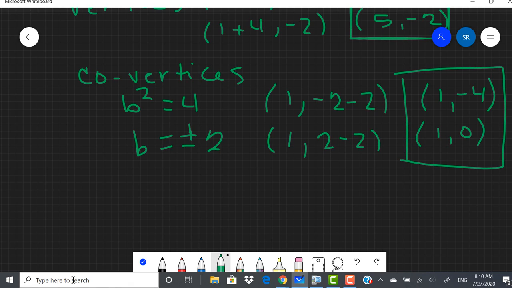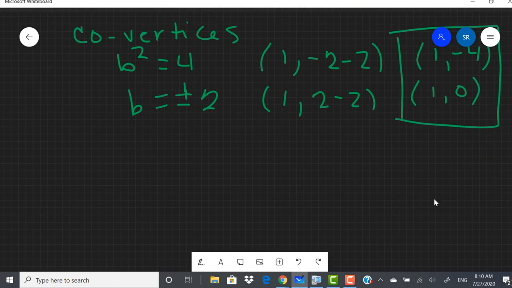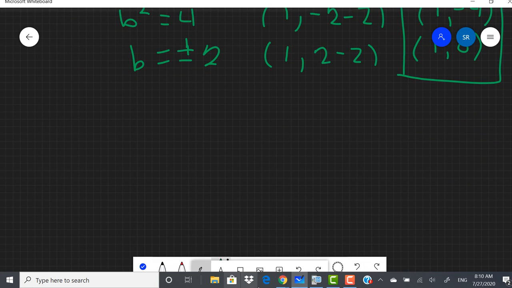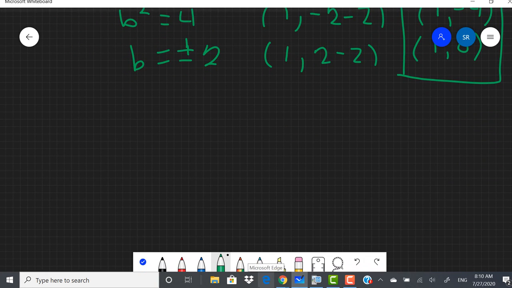Okay. All right, the last thing that we're going to find is the foci. So we need to figure out my c squared, right? So c squared equals, whoa, not b squared. We always have our a's first here because we're subtracting.